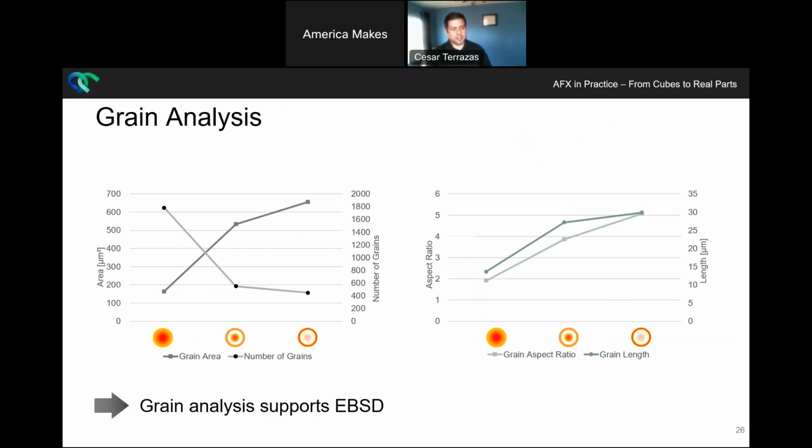The aspect ratio is also changing. And the number of grains is getting reduced, right? From the Gauss beam, you expect to see more grains because you have an equiaxed structure, and then they reduce towards the ring beam emission mode, because more grains are being epitaxially grown and basically sharing a common feature.